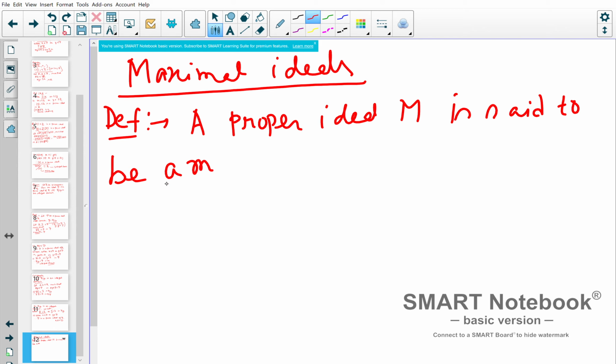I am saying a maximal ideal, not the maximal ideal, because it's not unique. In a ring there may be more than one maximal ideal.